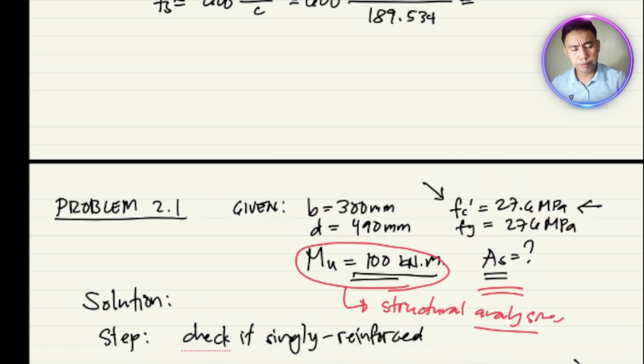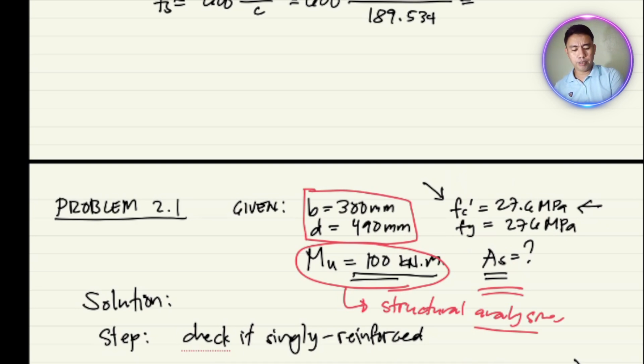Diba? Kung meron kayong 151 and 152, yan yung mga structural analysis. And then, normally, by experience, gina-assume muna yung dimension ng beam, B at saka D. Gina-assume yan normally.